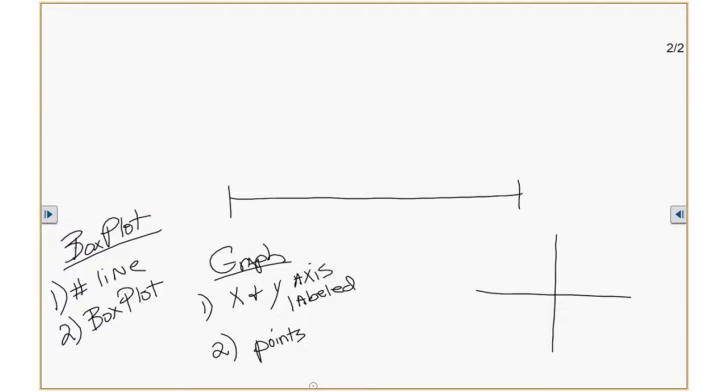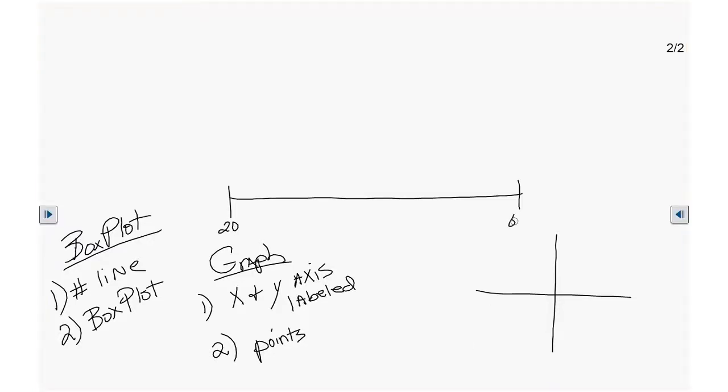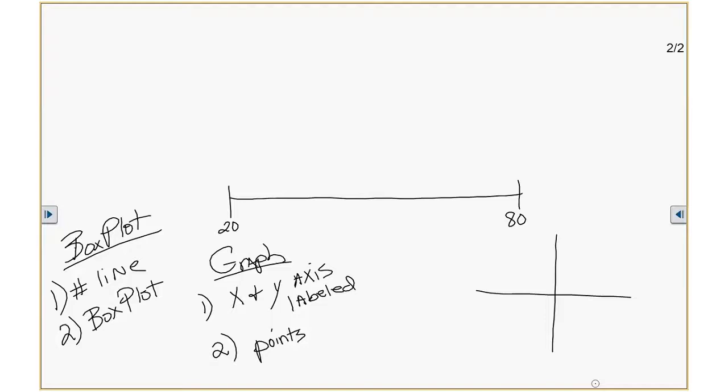So what makes up the number line? The mean, which in this case was what? 20. And what? 80. Now, you don't have to calculate the mid-range to get the middle of these two numbers. You could just say, what's the difference between 20 and 80? 60.